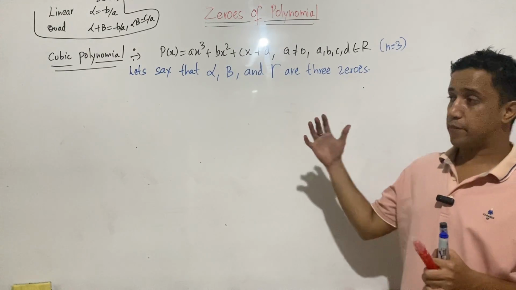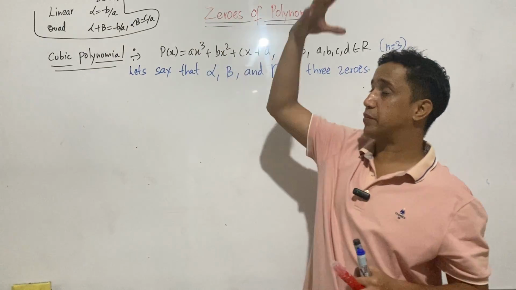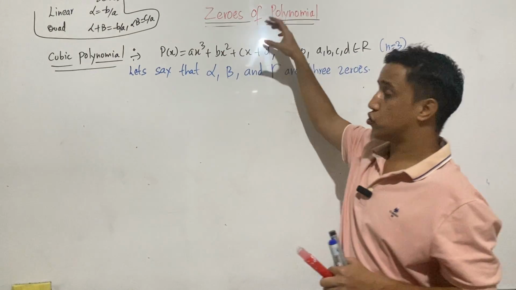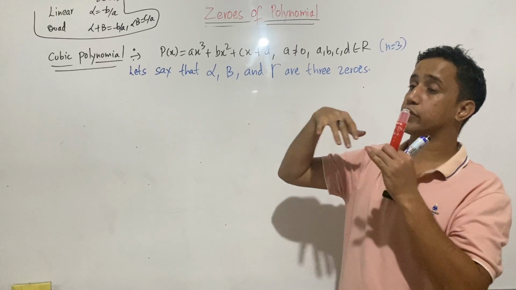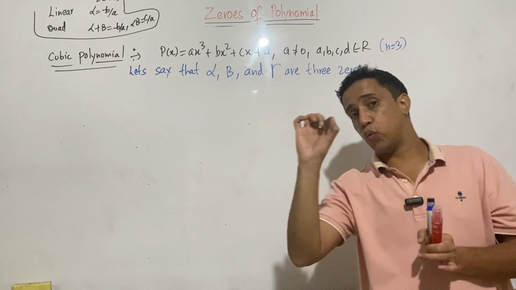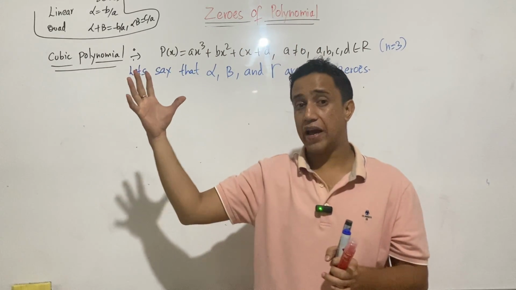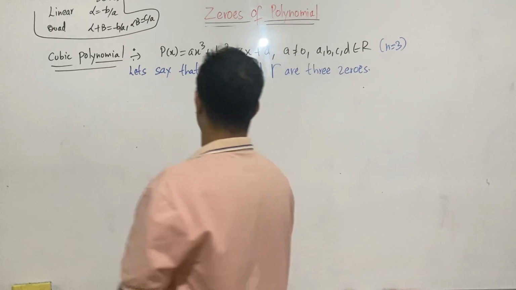So if you remember in quadratic, what I did, I just equated the whole equation to the general form of the quadratic polynomial, k constant times x minus alpha and x minus beta. So here we have 3 factors.